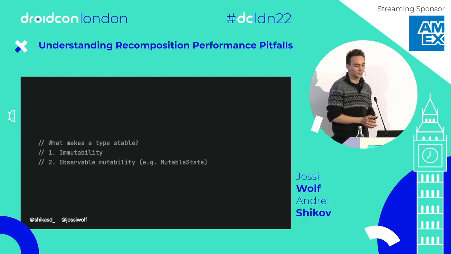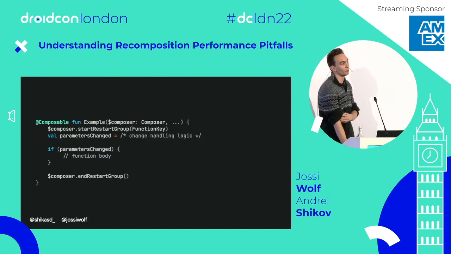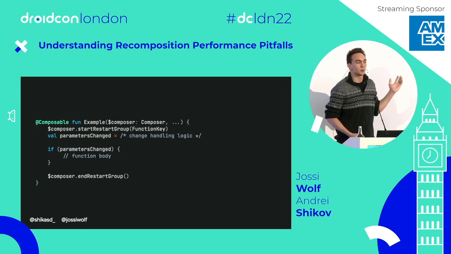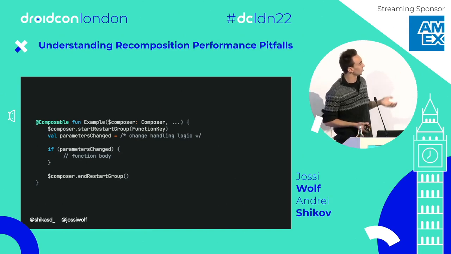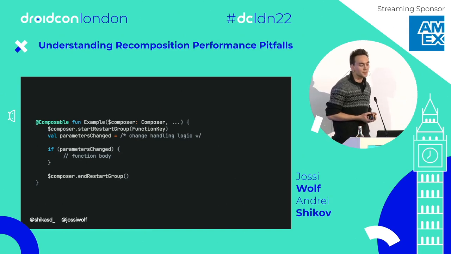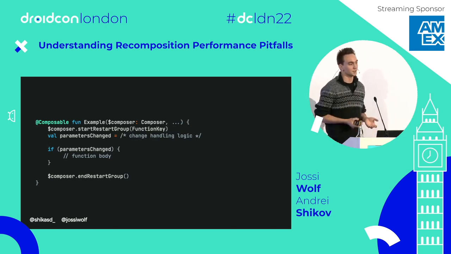Let's look at an example of where stability is useful. This is what an example composable could compile to. We see that we are starting a group and ending a group at the end. But most importantly, I want to put your focus on the parameters changed variable here. We have some logic where we figure out whether the inputs actually changed.